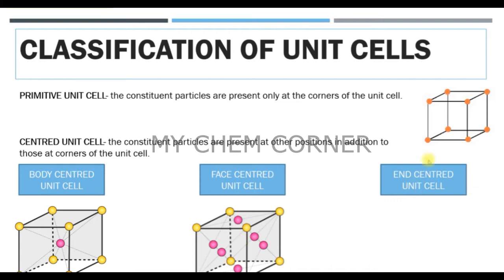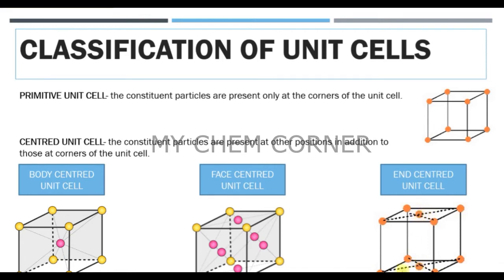Now, the last type of centered unit cell is end-centered. I'm going to consider any 2 ends of a cube, either top and bottom, front and back, or right and left. The center of those 2 ends will have a sphere. So in this diagram, I'm considering top and bottom. If you see the top of that unit cell, in the center there is a sphere.